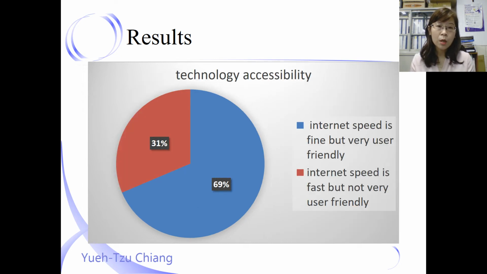Okay, and also about technology accessibility. I asked them about two categories. You could see almost 70% of students thought that they don't care that much about internet speed compared to user-friendliness, but they care more about user-friendliness.